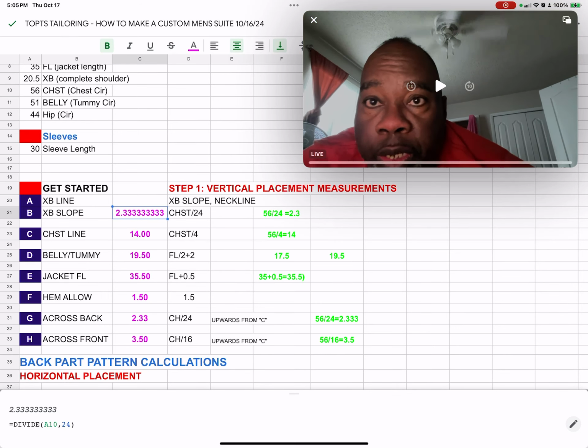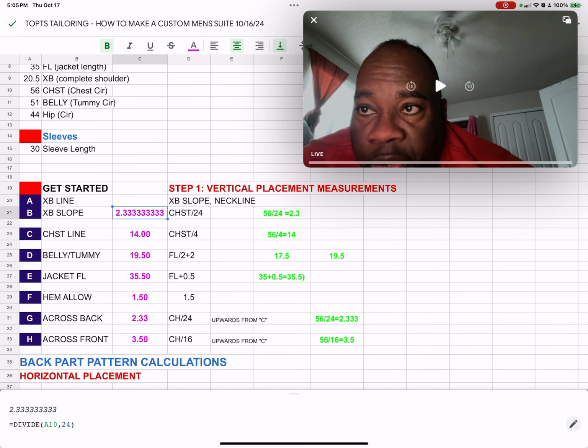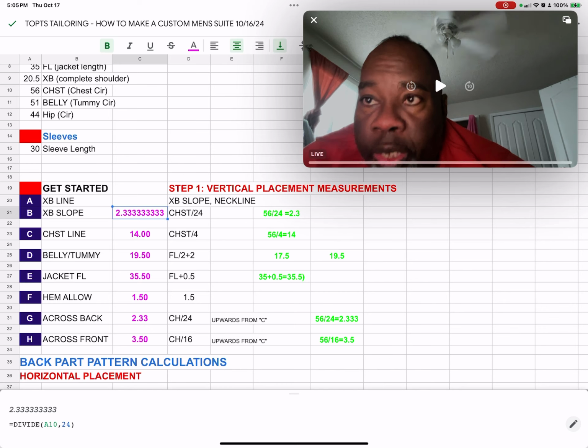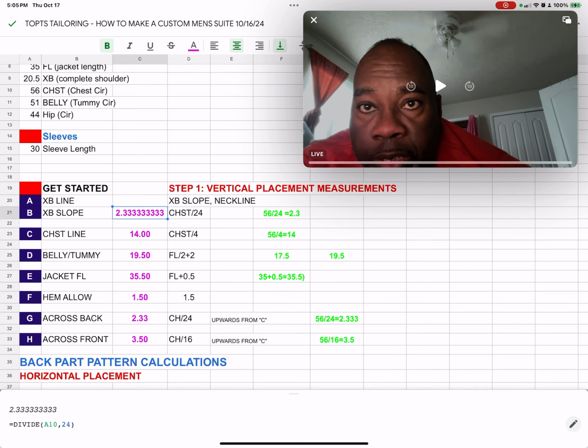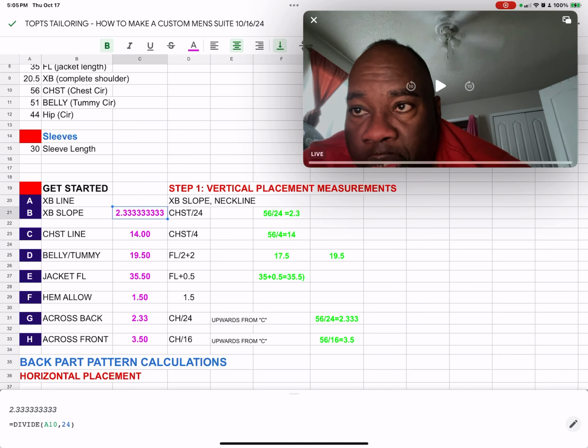It's the chest divided by 24, so 56 divided by 24, which is 2.3. The chest line is the chest divided by 4, or 56 divided by 4, which equals 14, as we have here.